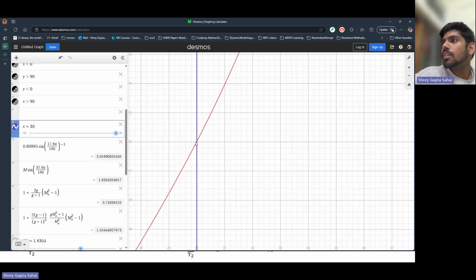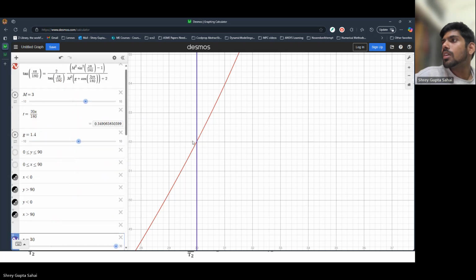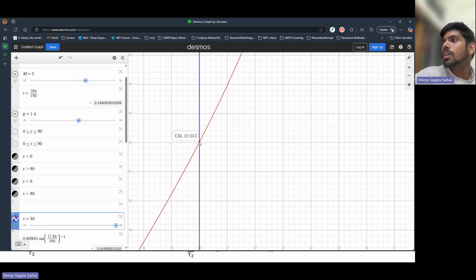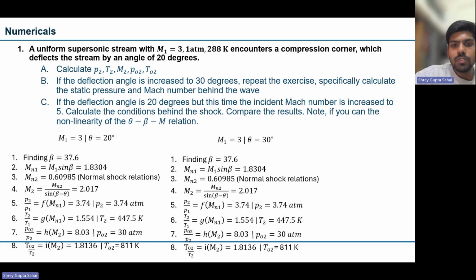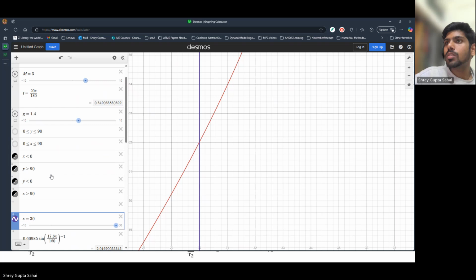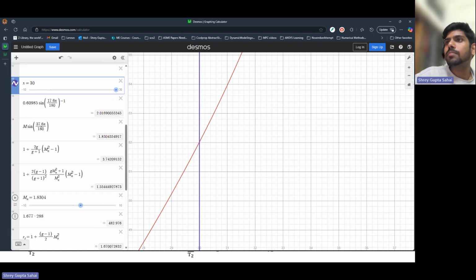I think it's 52, so let's take 52. So we'll change this value to 52.0. Let's calculate this value next. M sine 52 is 2.364.